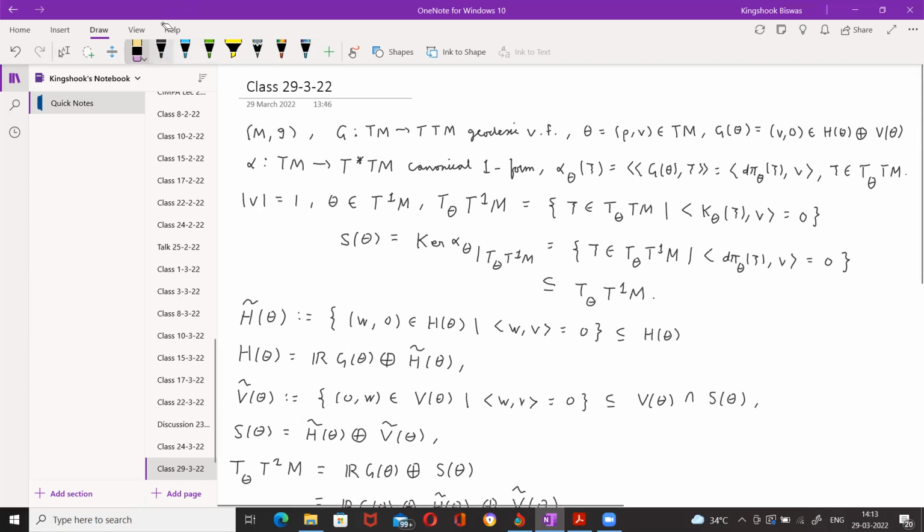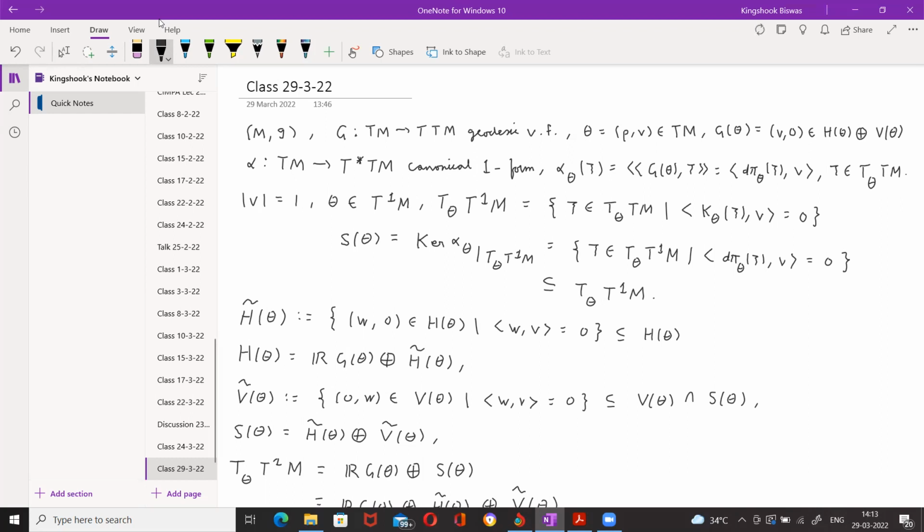So this is an H theta. And H theta I can write as the span of G theta, orthogonal direct sum with H tilde theta, right?